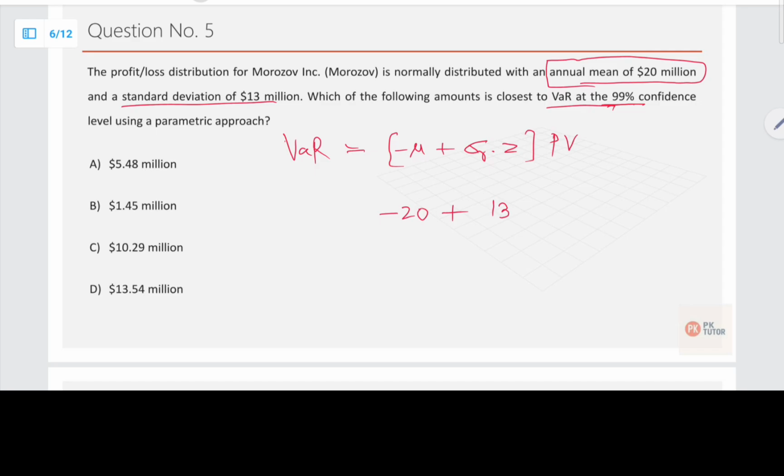So for 99, the z value we will use 2.33. What are they asking? Okay, the dollar amount is already given, so PV is not to be used. So just calculate, and this will come to 10.29. So this is the answer.